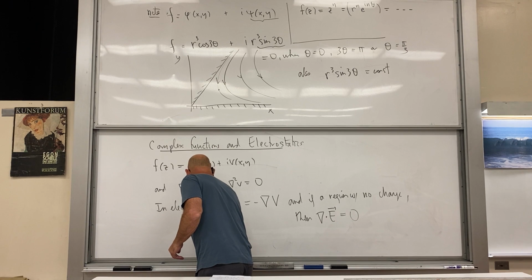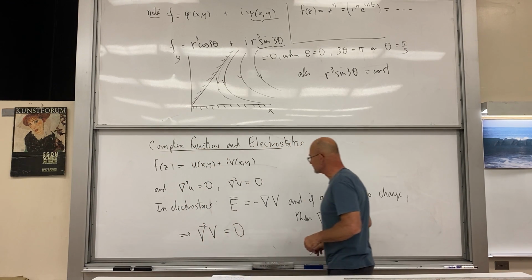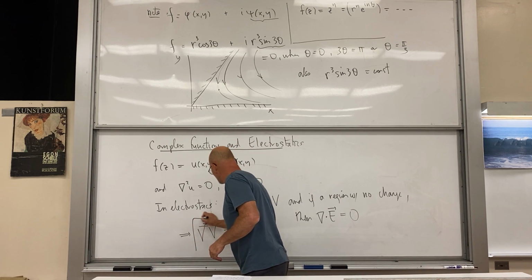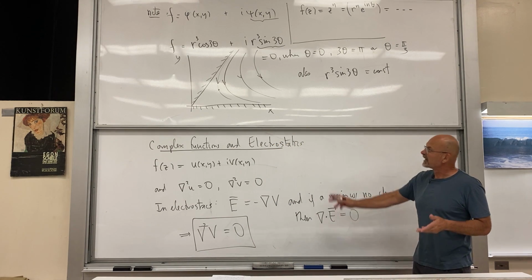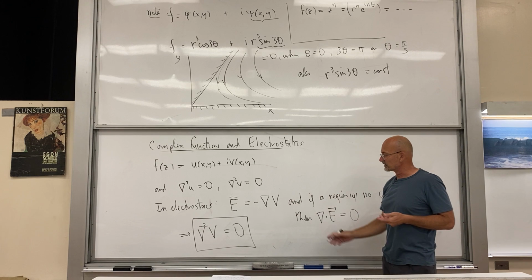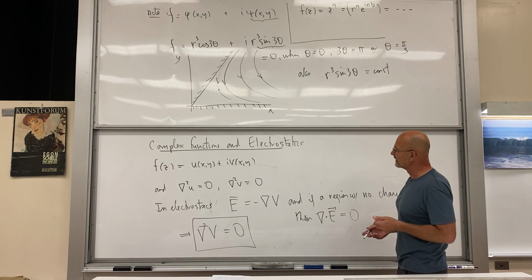And therefore, we have del squared of V is equal to 0. The divergence of the gradient of the potential is equal to 0. So everything we said about the fluid case is true here in the electrical case as well. You get the Cauchy-Riemann equations.